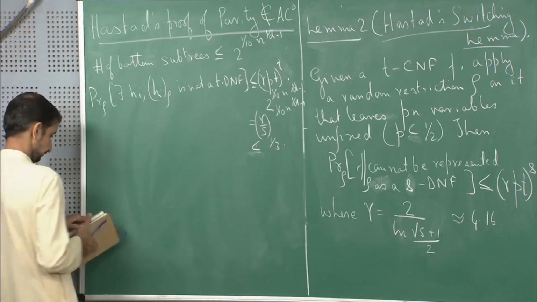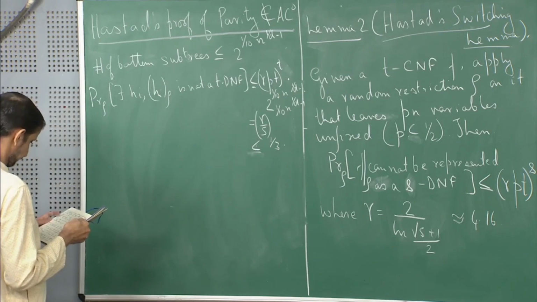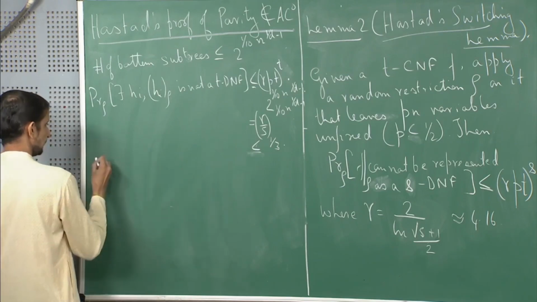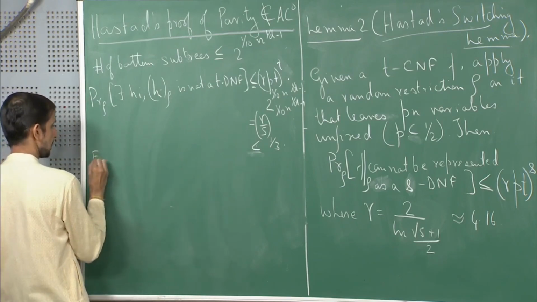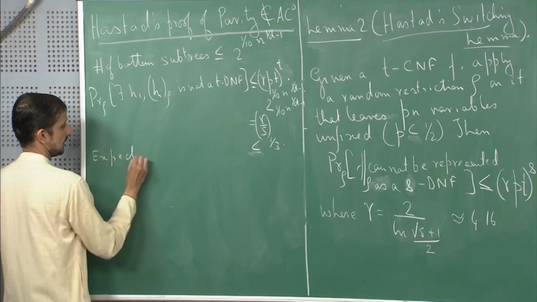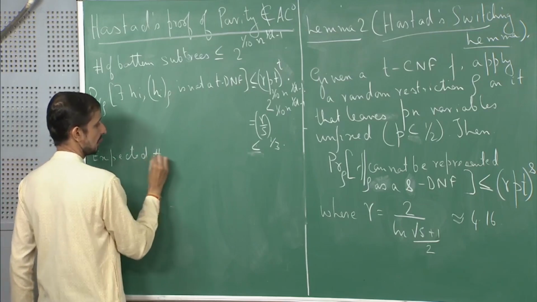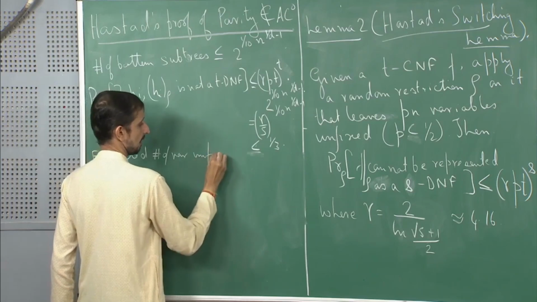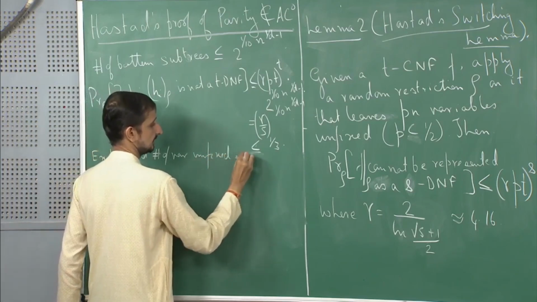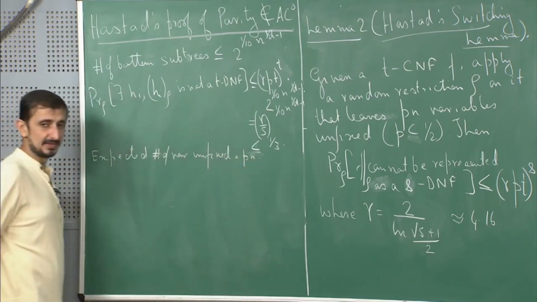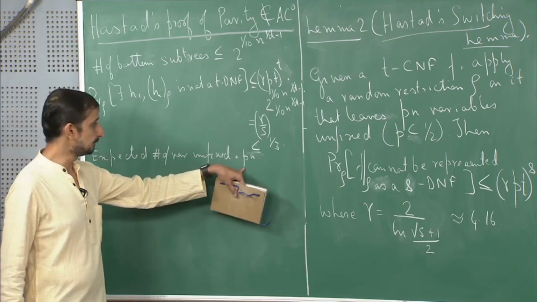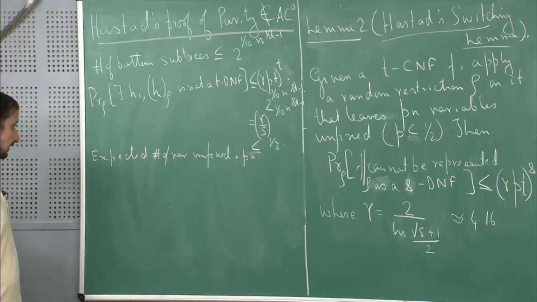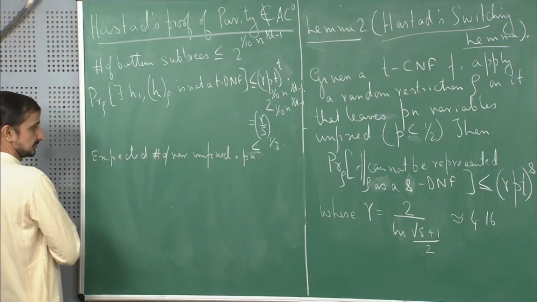Okay. So, now the expected number of variables unfixed is equal to pn, because with probability p a variable remains unfixed.